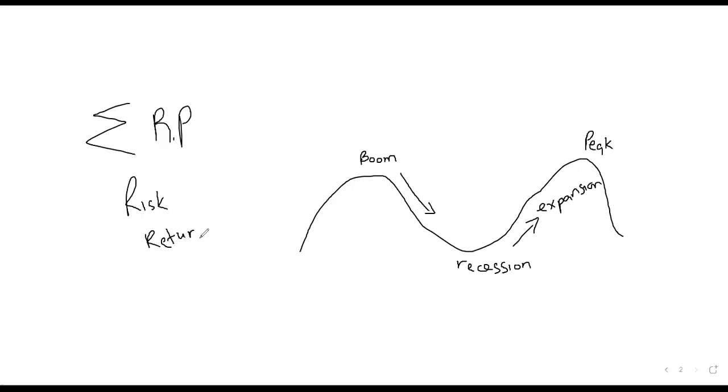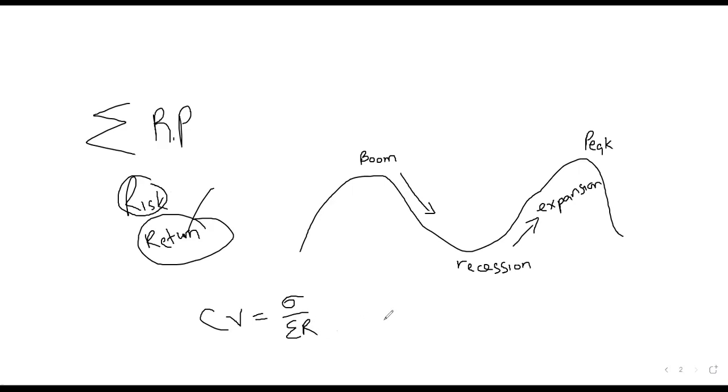Return, we're going to be looking at the expected mean value, the expected return. Then the percentage of the deviation between the standard deviation and the return is what we're going to call the coefficient of variation, CV, which is simply given by standard deviation over the expected return times 100.